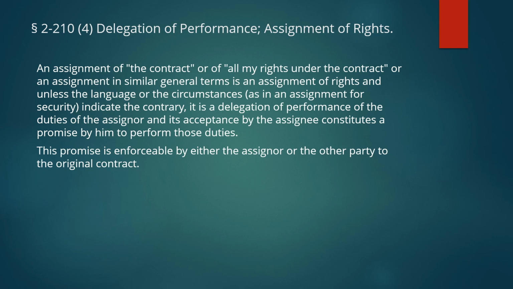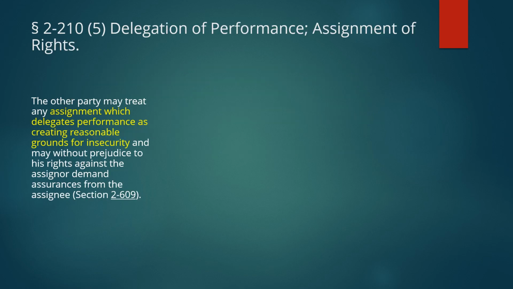Here's the kicker. If a party delegates performance, it creates reasonable grounds for insecurity. What that means is, if I delegate any duties because our contract doesn't say I can't, that automatically creates reasonable grounds for insecurity.